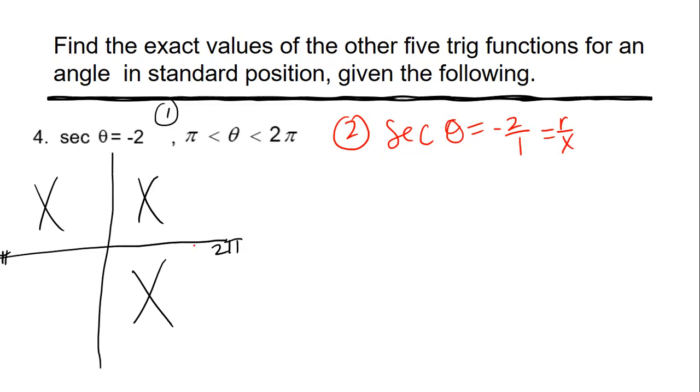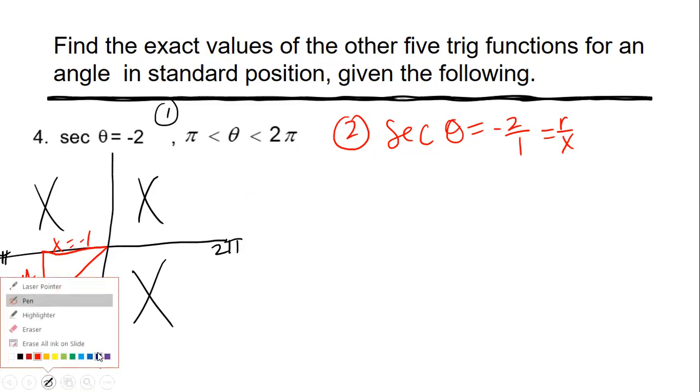So I know that my r is 2 and my x equals -1, but what am I missing? Y. Because I'm in quadrant 3, I know that y has to be negative. I figured out everything that I could, and now I'm left to solve for my y.